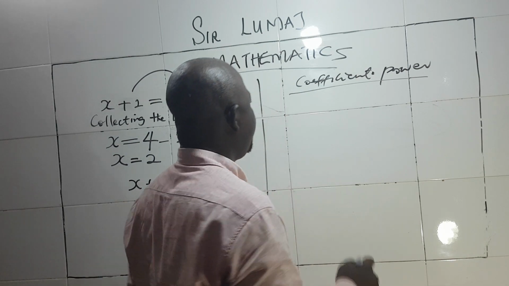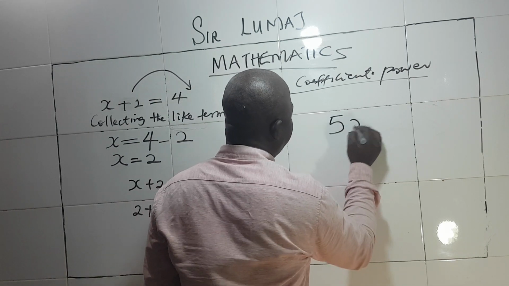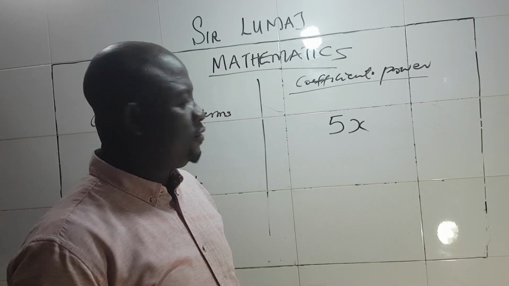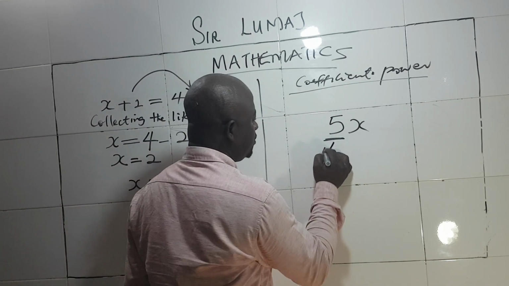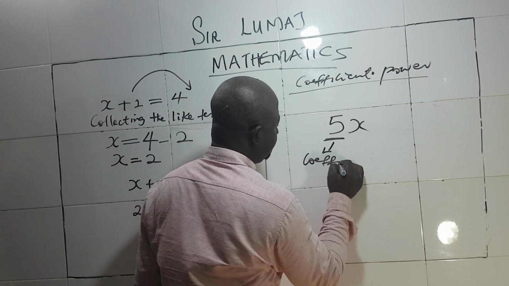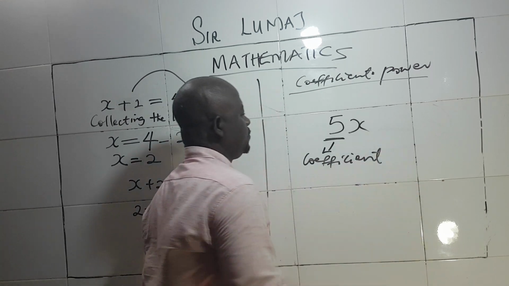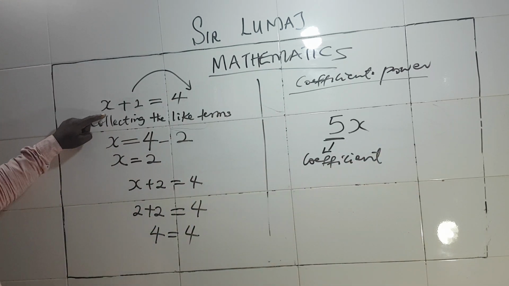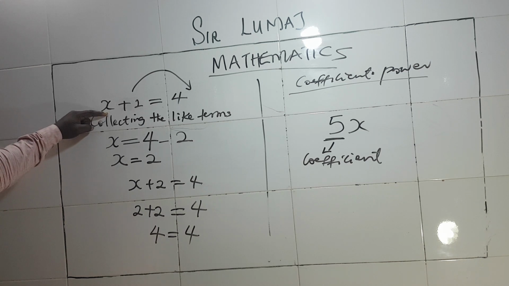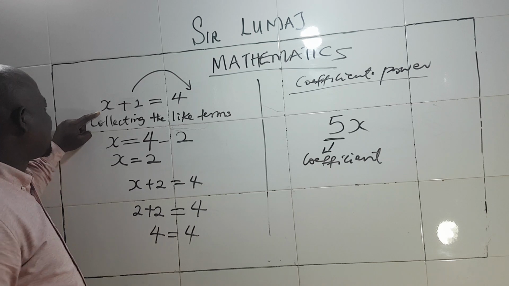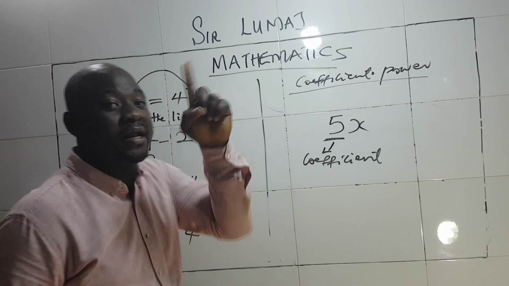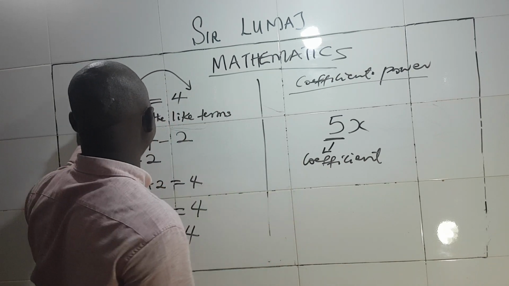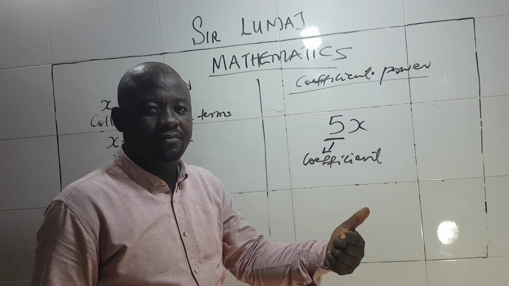Alphabet. If I write 5x, the 5 here is what? The coefficient. In the last equation I gave us, this is x. Can you see any number there? When a number is not written beside an alphabet, it means that number is what? 1. 1 times x is still x.